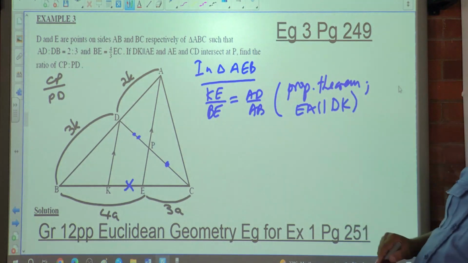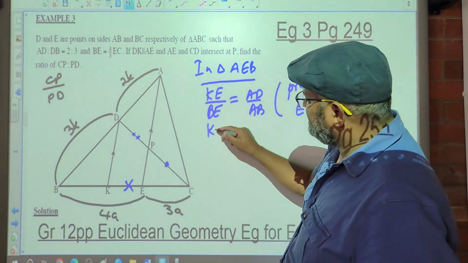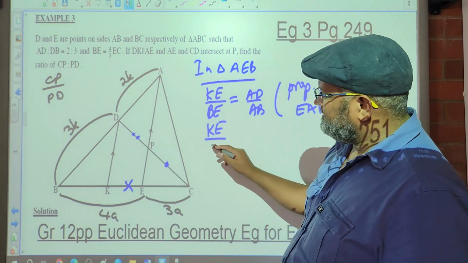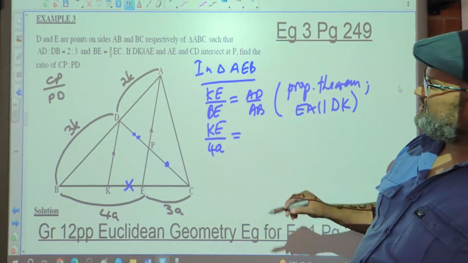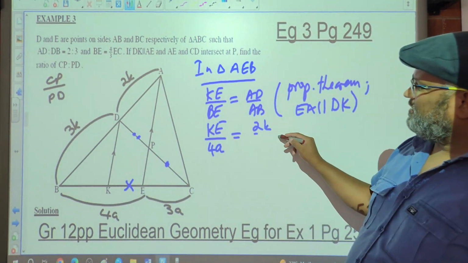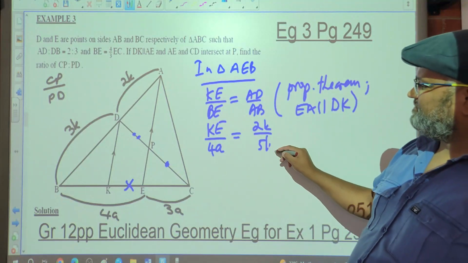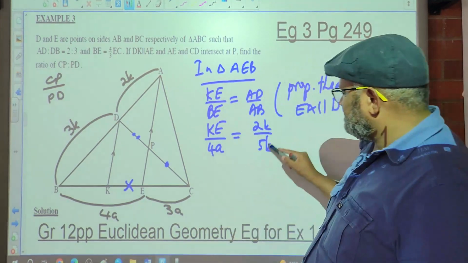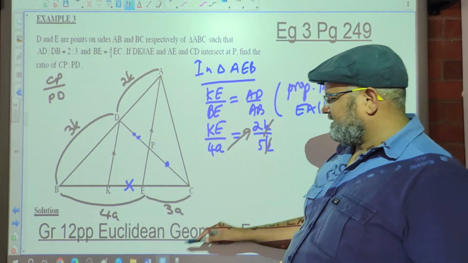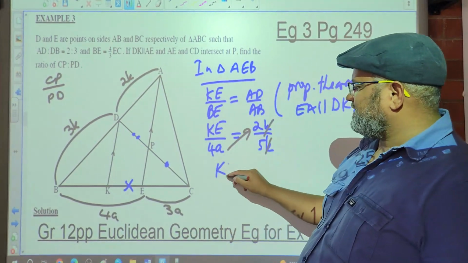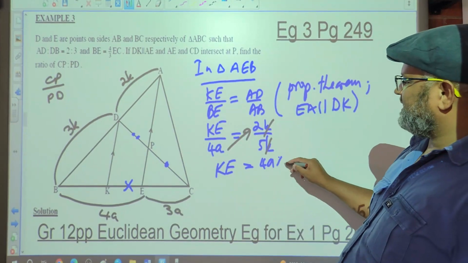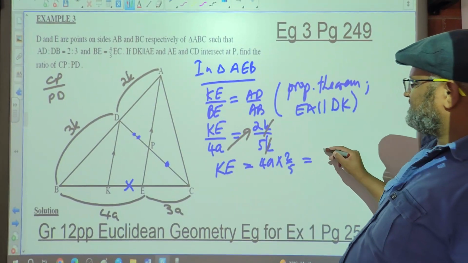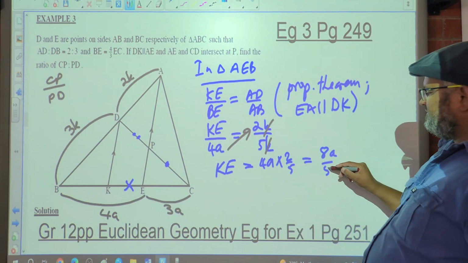So KE, which I'm calculating, over 4A is equal to 2K over 5K. So of course this cancels and I take it up. So KE is equal to 4A multiplied by 2 over 5, which is 8A over 5.